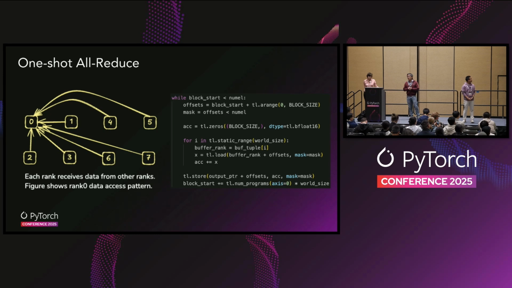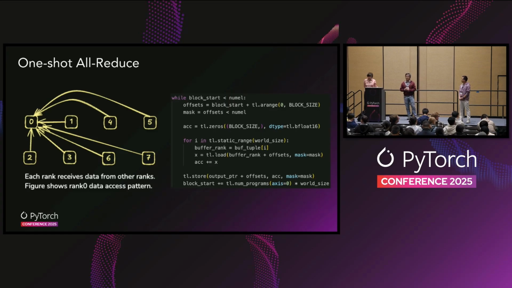For the first, low-latency issue, there's a well-known all-reduce algorithm, one-shot all-reduce. The algorithm is pretty simple. Each rank receives the data directly from all other ranks and performs the reduction locally. We actually implement the core logic of this algorithm on the right side. There are 2 loops. The outer loop iterates through all the data blocks.